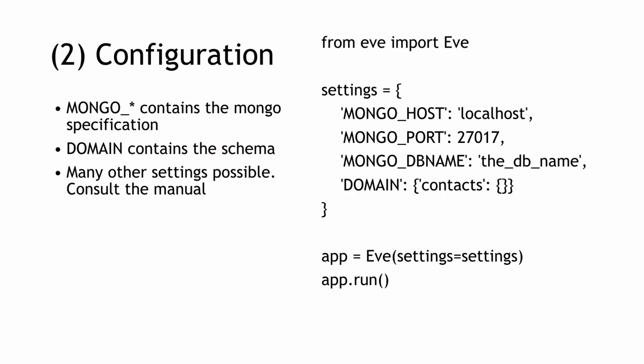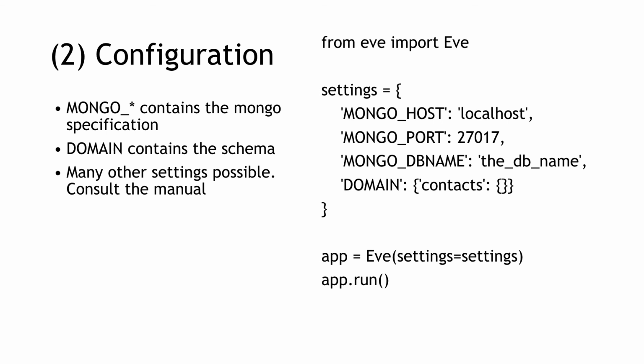Previously, we have just talked to you about how we start up Eve, and we need to be configuring Eve through a settings activity so that we know that the backend system is being set up through MongoDB, on which machine it's being hosted, which port, and what's the database name that we have associated with the MongoDB.